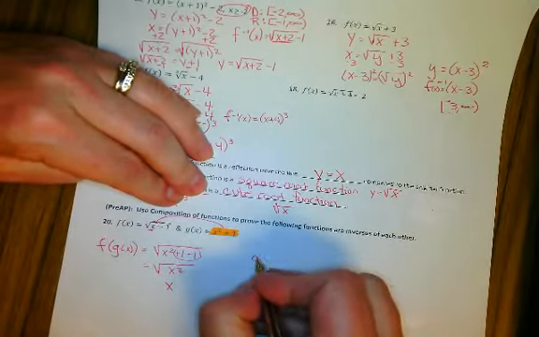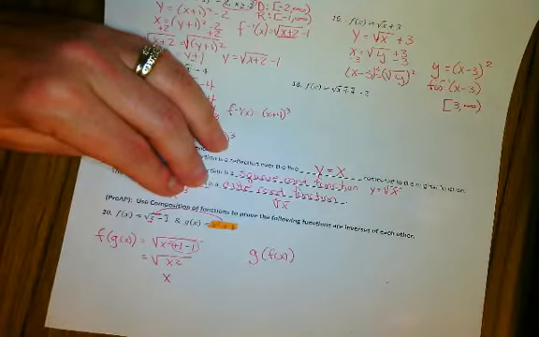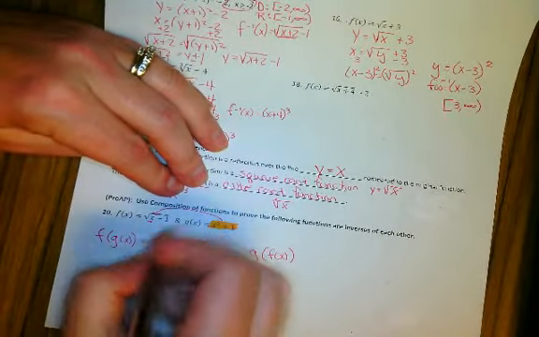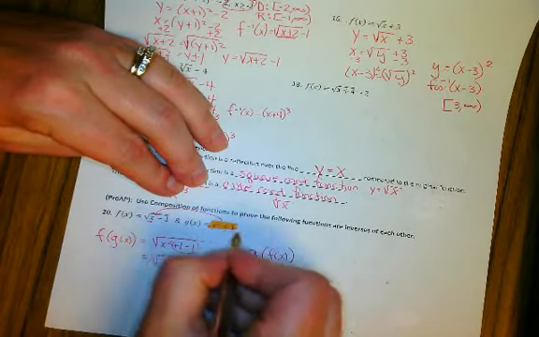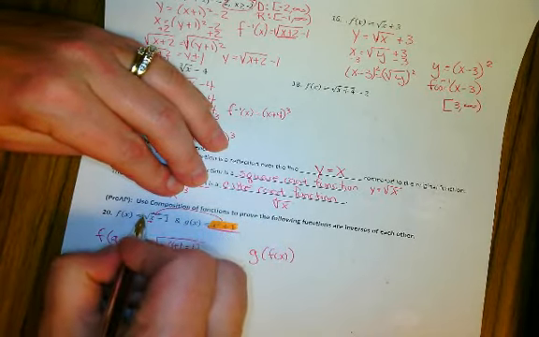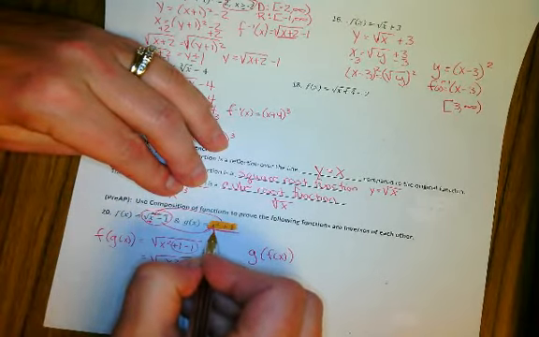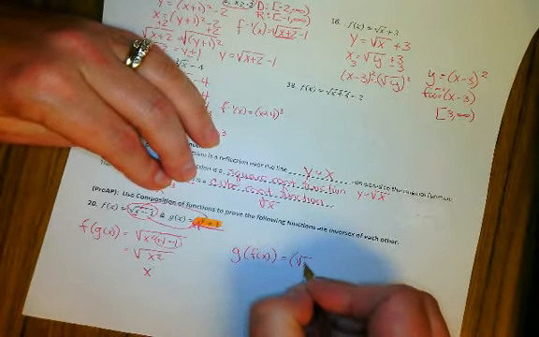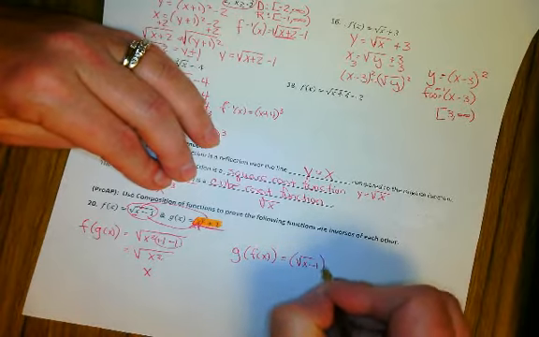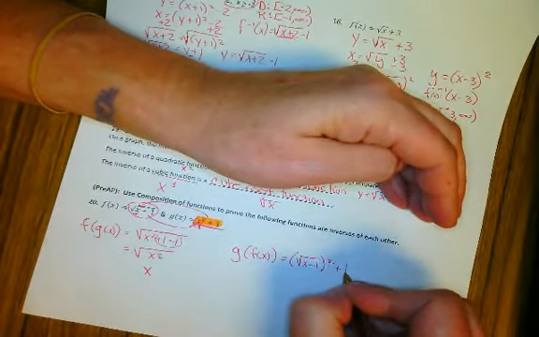So if I flip it, I do g of f of x. I'm going to take this whole g here, and now I'm going to put this whole thing into just that x there. Okay, so what I have is the square root of x minus 1, squared, plus 1.